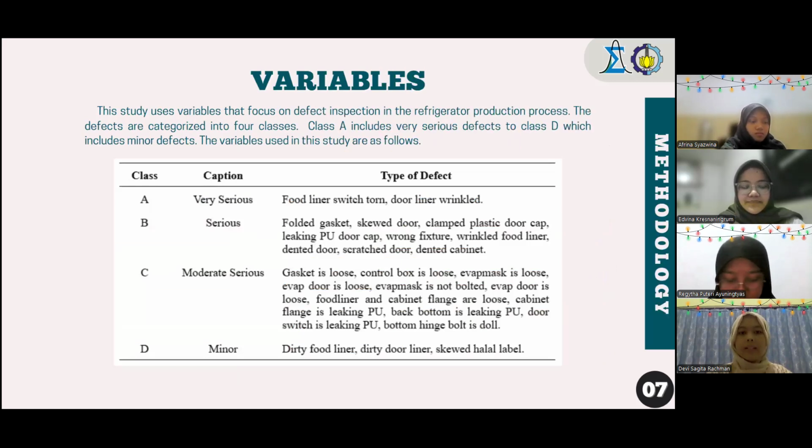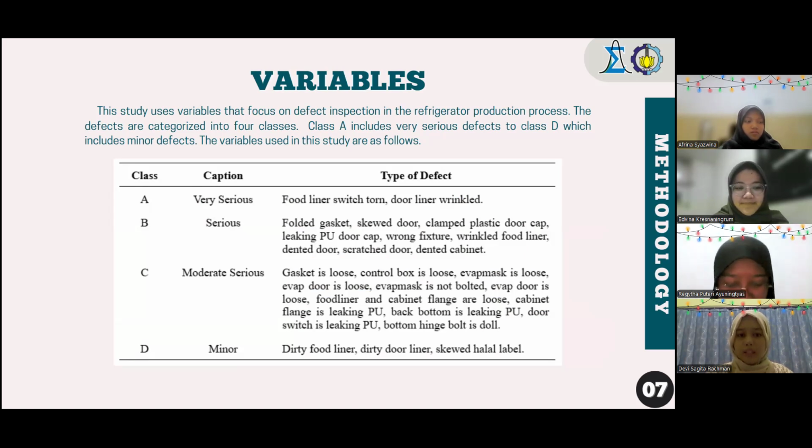Okay, this study used variables that focus on defect inspection in the refrigerator production process. The defects are categorized in four classes, from class A, which includes very serious defects, to class D, which includes minor defects, and the variables used in this study are as follows. In class A, very serious, the types of defect are foot liner switch turn and door liner wrinkled.